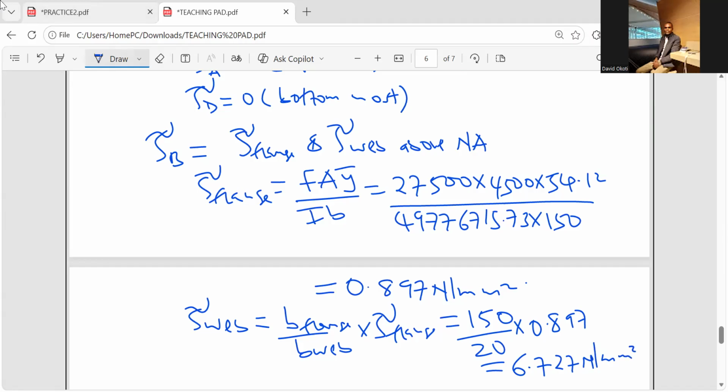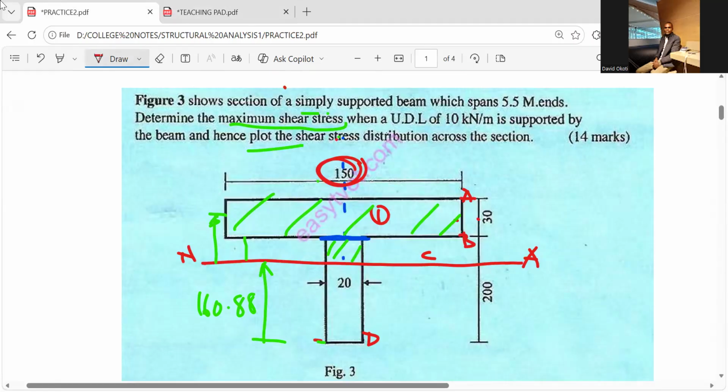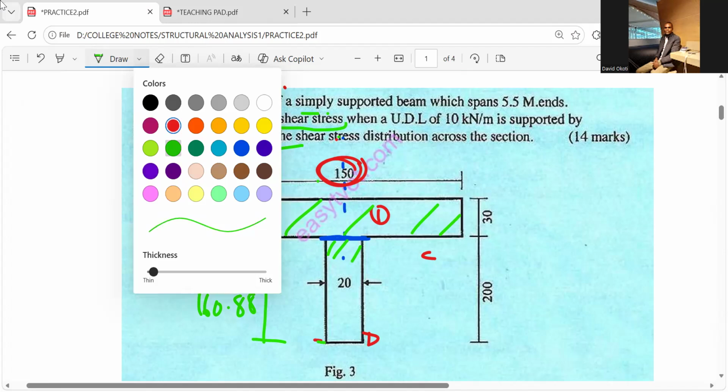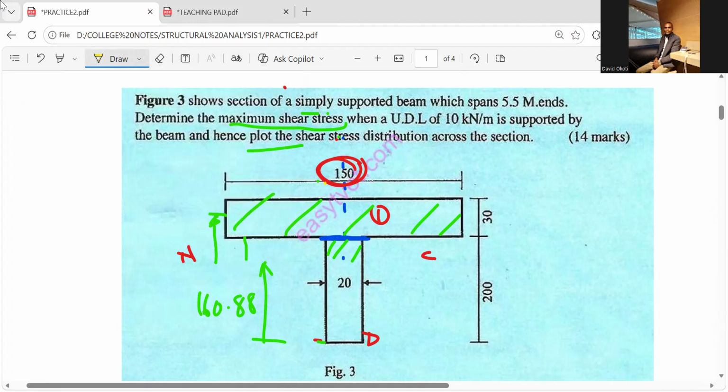Now we have all the values. We can come here and plot. Let's utilize this diagram here so that we don't waste a lot of time. So what is going to happen here is I will complete these lines. I have this line here going here, this going here, then I have through the neutral axis, then through the last point here.